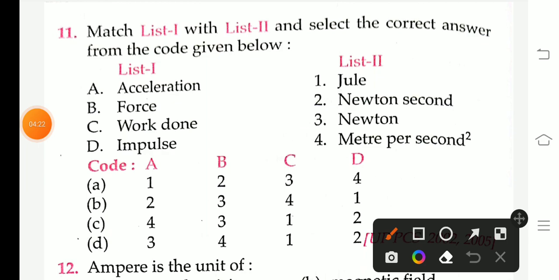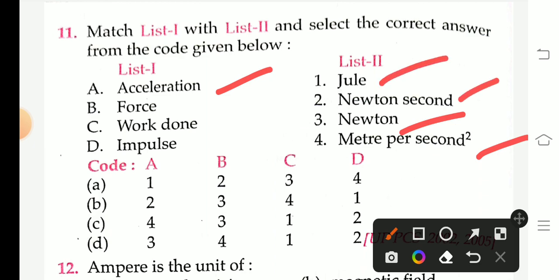Match list 1 with list 2 and select the correct answer from the code given below. Acceleration meter per second square. Force Newton. Work done Joule. Impulse Newton second.